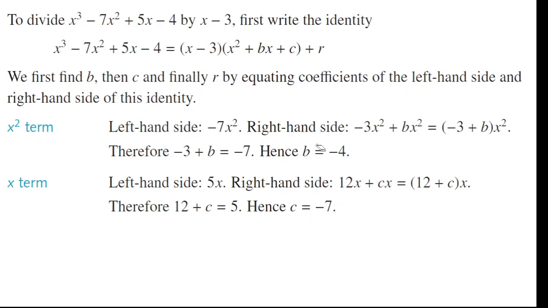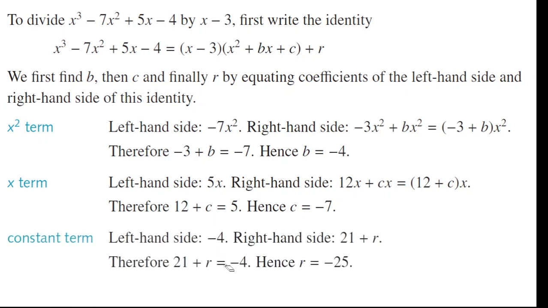So as you go along, we have the value of b and c, substitute back into here, and then to find the constant term we need to expand that, multiply that -3 with c, that gives us 21, plus r has to be equal to -4, which is what we have down here, and r has a value of -25.